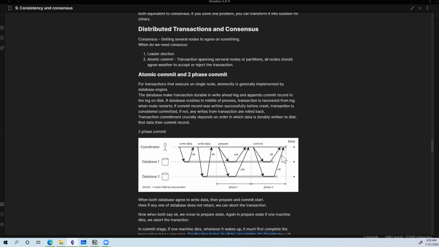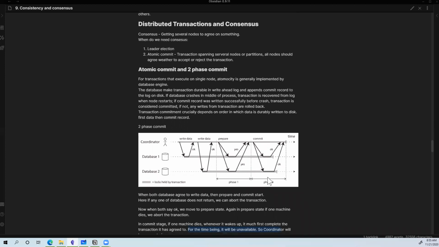In the middle of the commit on database 2, database 2 crashed. Was it able to actually commit the value and not respond okay, or was it not able to commit the value? It received the commit request, processed half of it, and crashed. So did you say the coordinator has to keep trying?